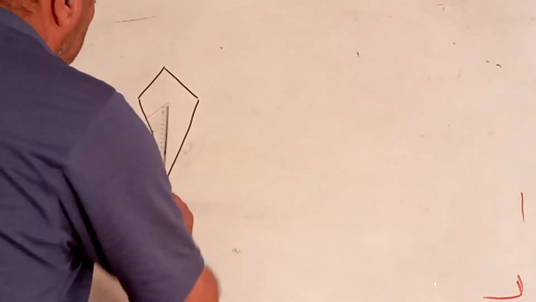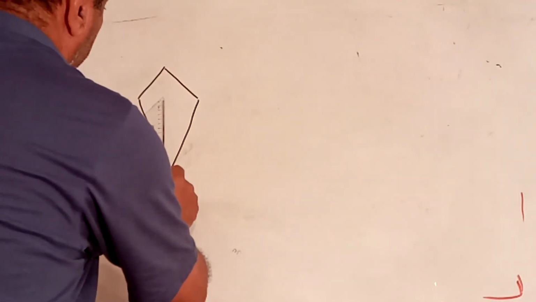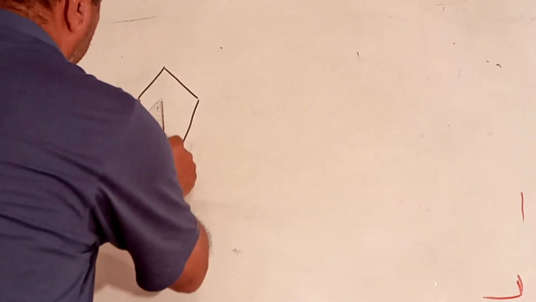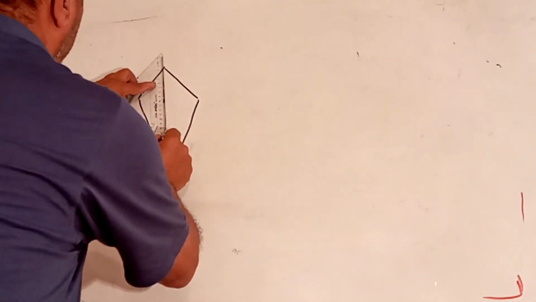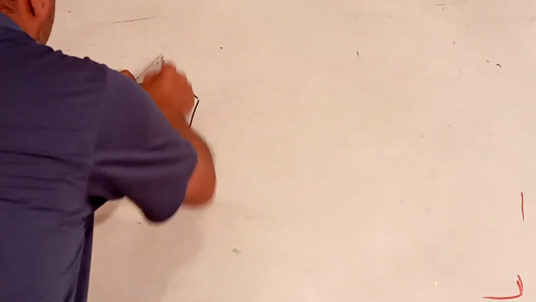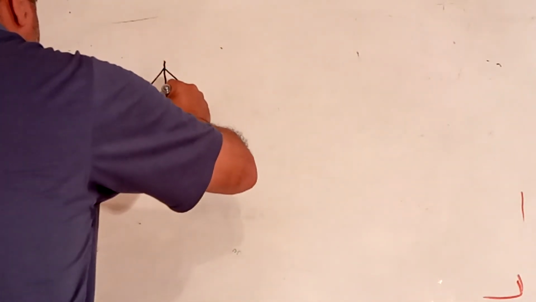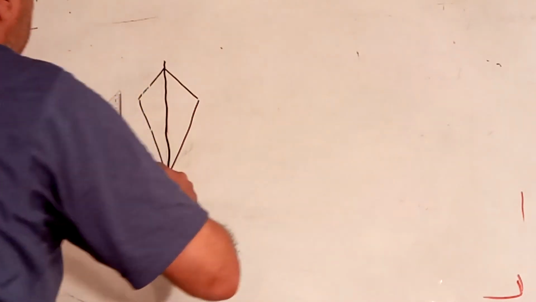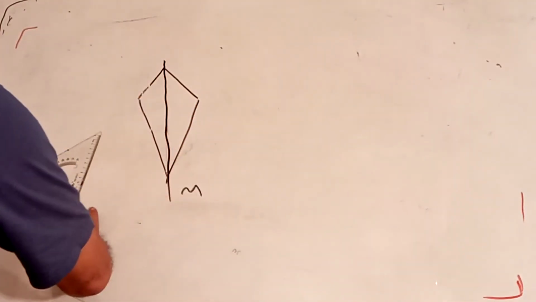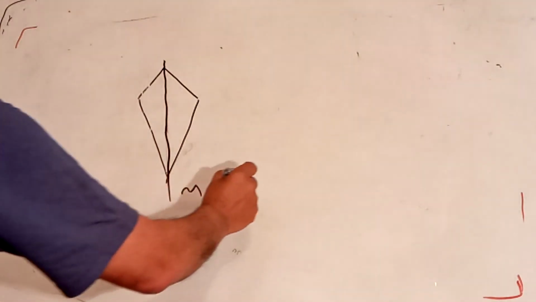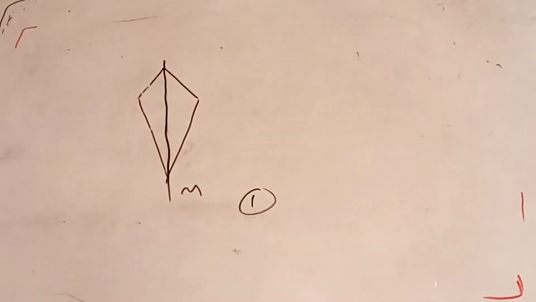So the only one that I can see is the vertical one. This one is a mirror or line of symmetry. So it has only one line of symmetry. This is number F.